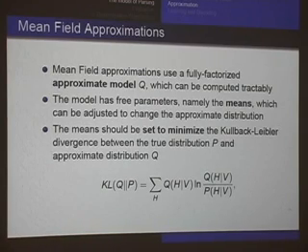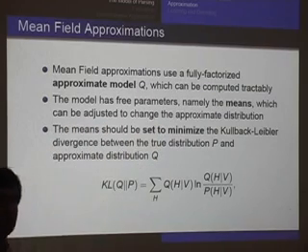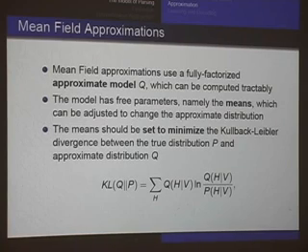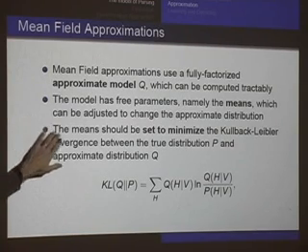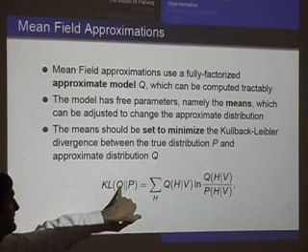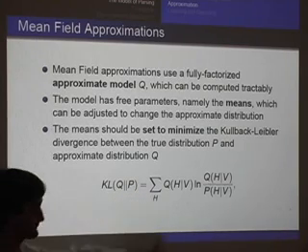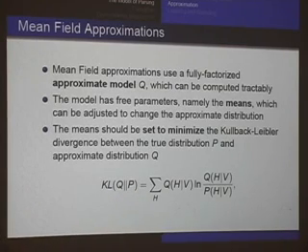This model has a set of free parameters, namely the means of the variables in Q, and we want to set those means to minimize the Kullback-Leibler distance between the approximate distribution and the true distribution.